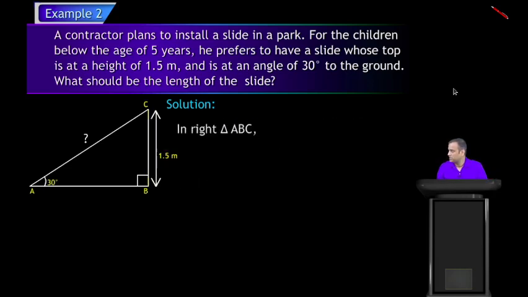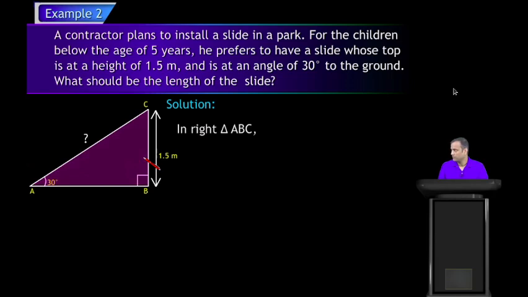Now this is right triangle ABC. So this is our right angle triangle. Here angle B is 90 degree. Now we will use the same process which we have followed in the previous question. Okay, how did we solve?